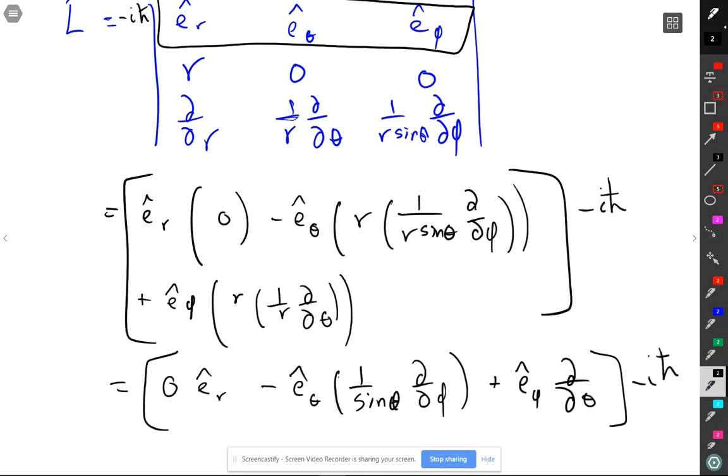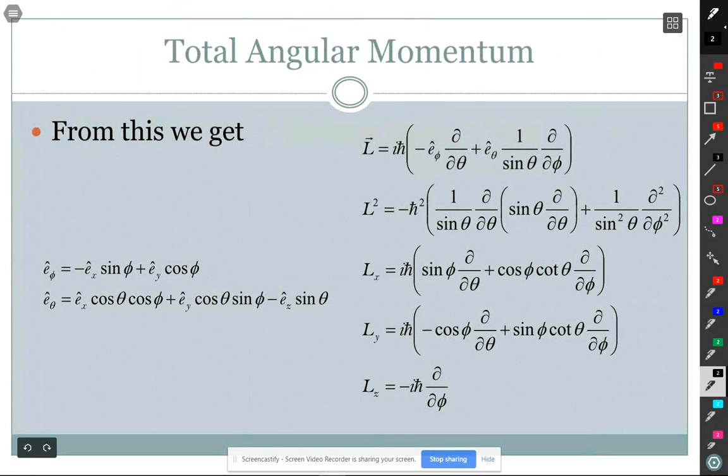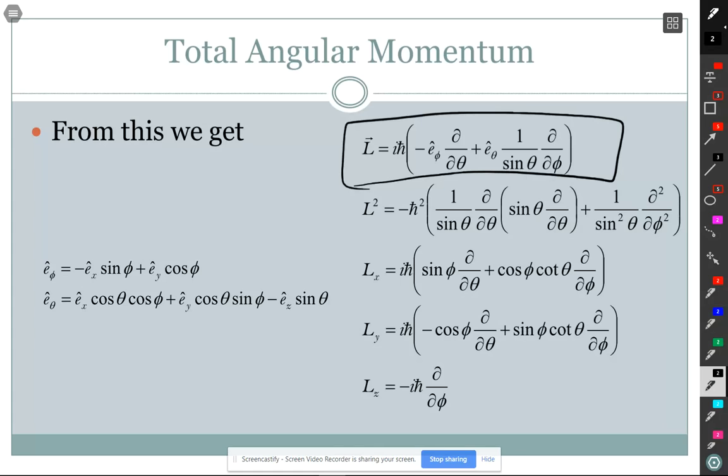Okay, so there we have the components of the angular momentum operator for the spherical directions. And so here is rewriting what I just did if I had the i h bar there. And then we want to get L squared. Well, how do you get L squared? You square it. And how do you square vectors?